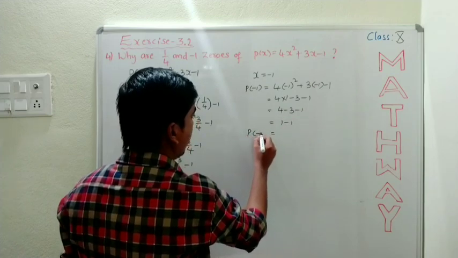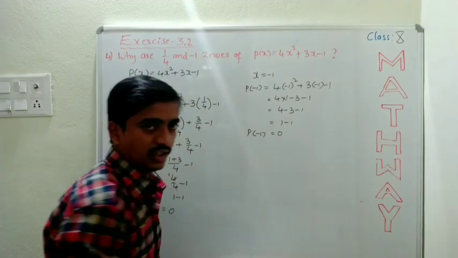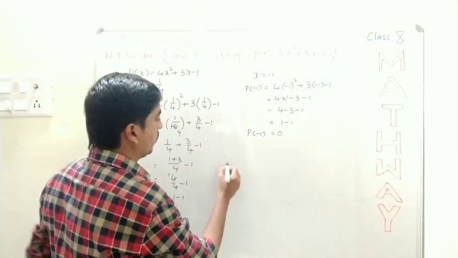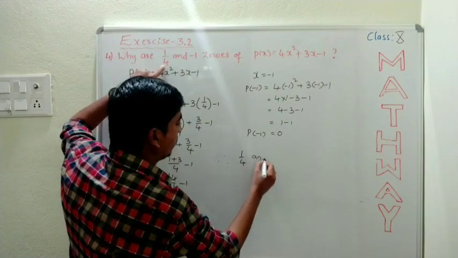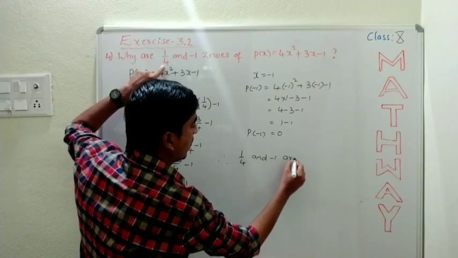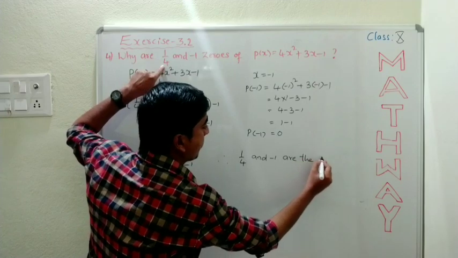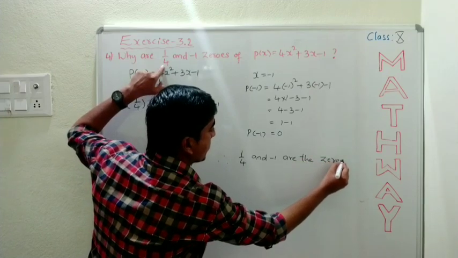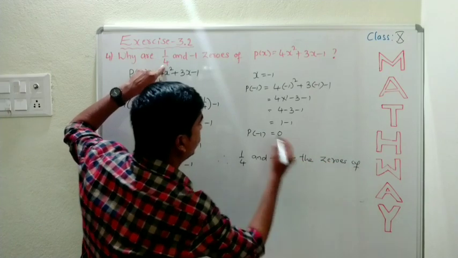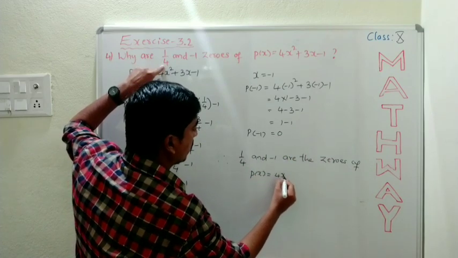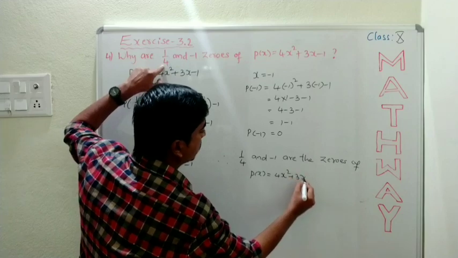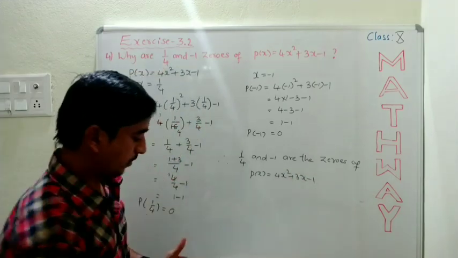So p of minus 1 is also 0. Therefore, here we can say that 1 by 4 and minus 1 are the zeros of the polynomial p of x equals to 4x square plus 3x minus 1.